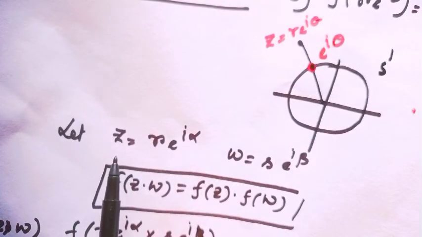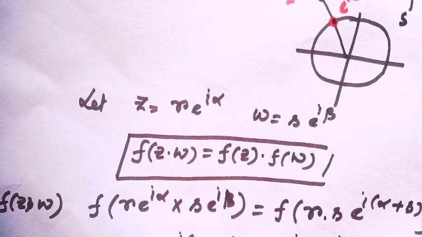Take two different points in C*, z equal to r e to the power i alpha and w equal to s e to the power i beta. We have to prove f of zw equals f of z times f of w.